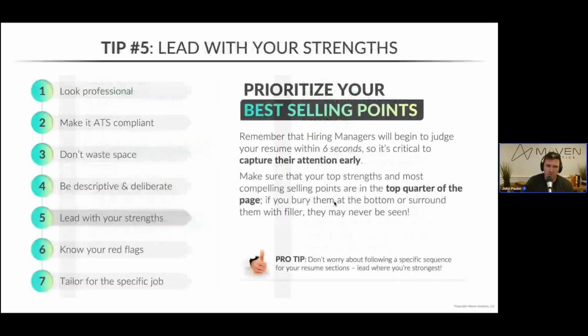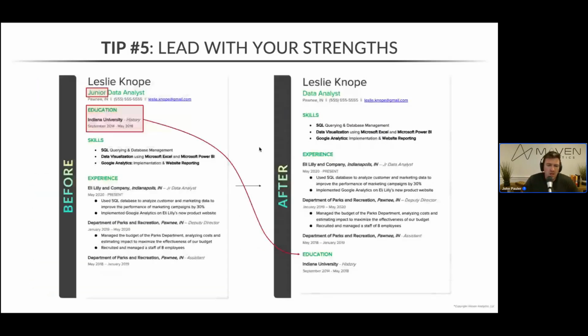I won't belabor all of the examples there, but the next piece, and again, it's hard to say what's my favorite piece of advice here, but I think this is probably one that I see people get wrong a lot, and I definitely got wrong in the past. So here, in Leslie's example, there's two things highlighted, and the one I want to talk about first is the education.